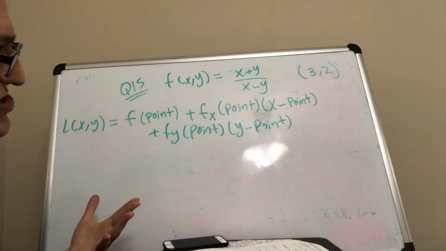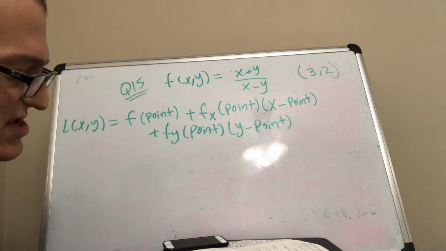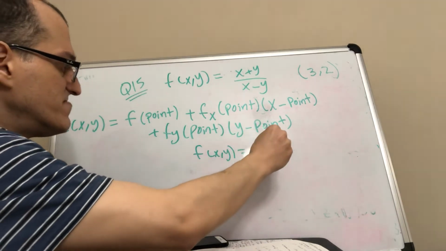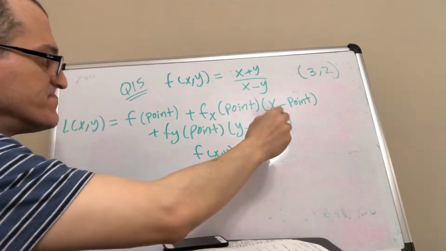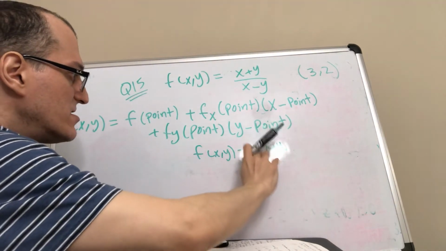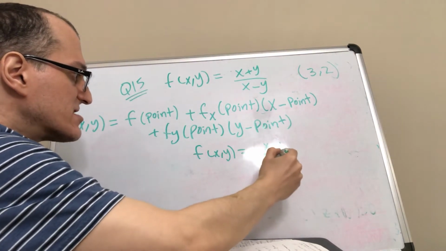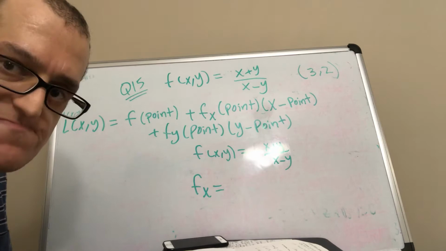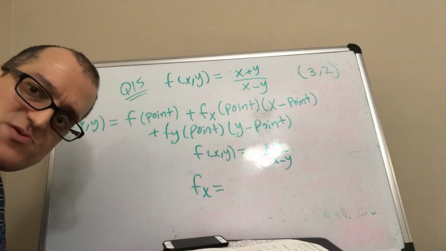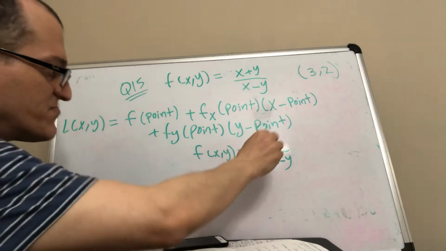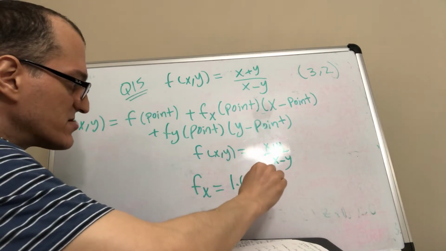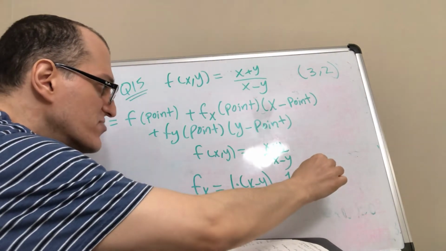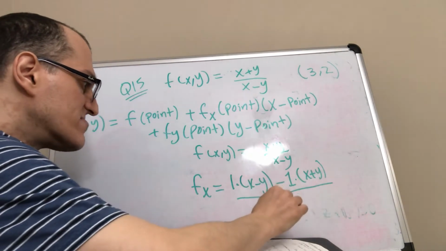Let's find the derivatives first, with respect to x and with respect to y. If I write it, it's x plus y over x minus y. So for the derivative with respect to x we have to apply the quotient rule. The derivative of the top is 1 times the bottom function, minus the derivative of the bottom function times the top, over the bottom squared.